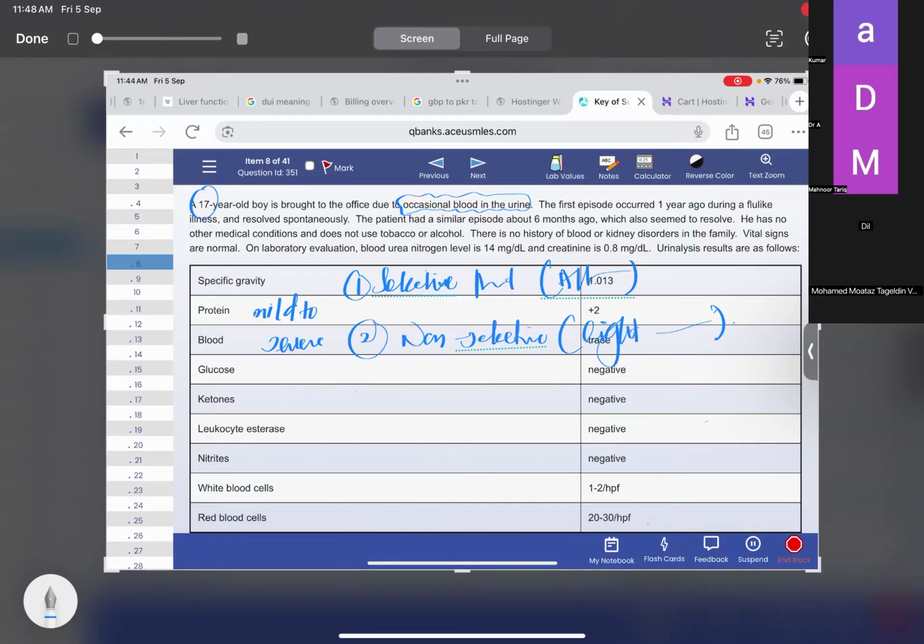Then we will have nephrotic, then nephritic. In nephritic we have hematuria. Then it goes to acute renal failure and chronic. This is how the picture is, okay?